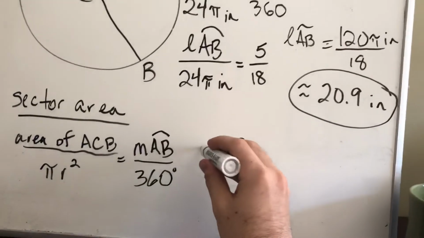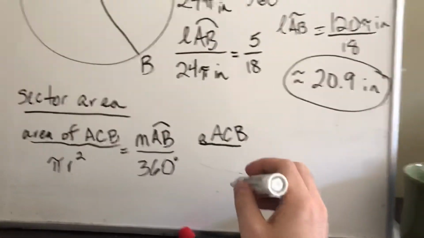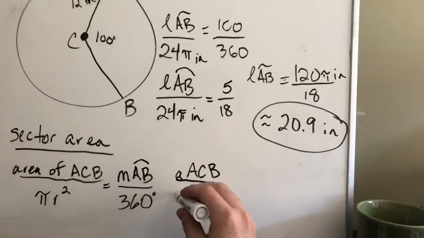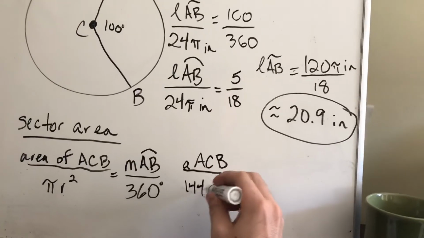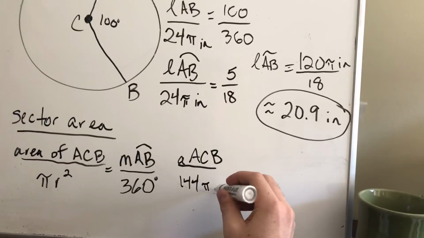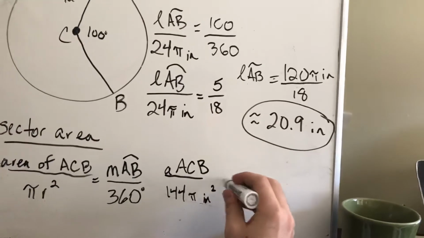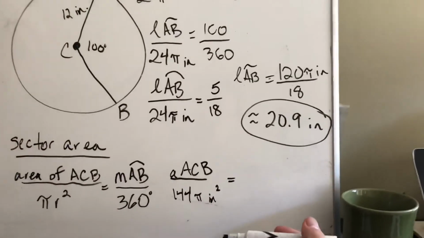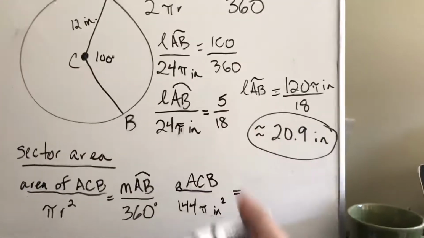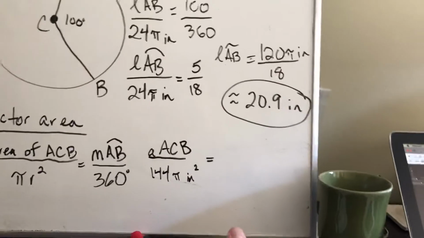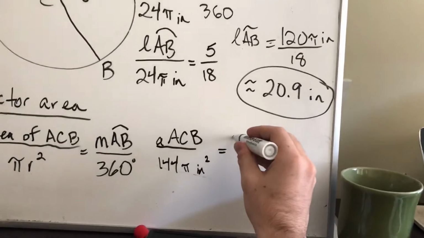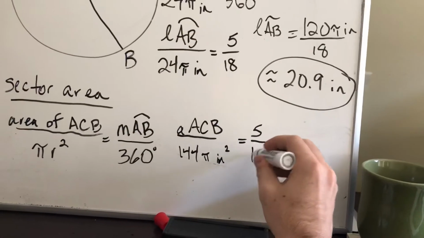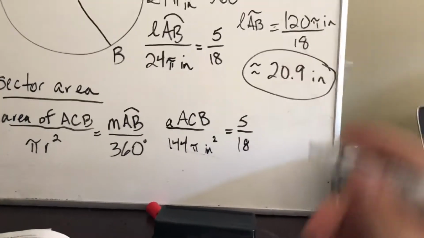Let's just put a little a for area. Pi r squared, we have a radius of 12, so I'm going to make this 144 pi inches squared. I do want to put the units there for now so I remember to include them at the end. And then once again, the measure of the arc here is 100. Now we already simplified it in the previous problem, so hopefully you would agree that 100 over 360 simplified to 5 over 18 if you want to go ahead and make that shortcut.